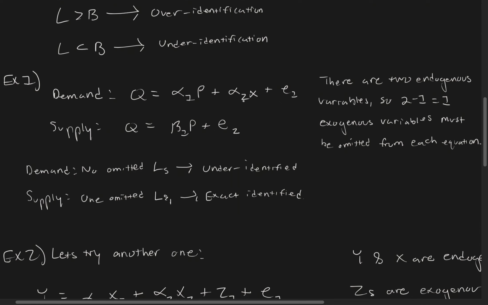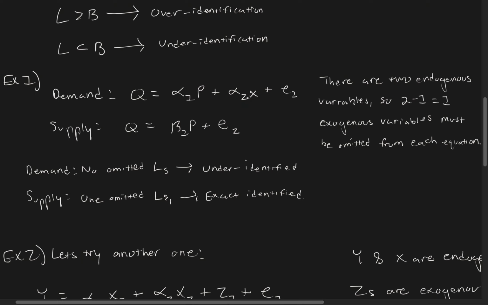We have a total of one exogenous variable, and because that belongs in the demand function, we technically don't have any omitted exogenous variables in our demand function because that is our only exogenous variable here.